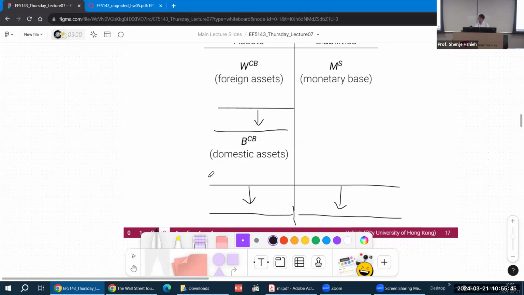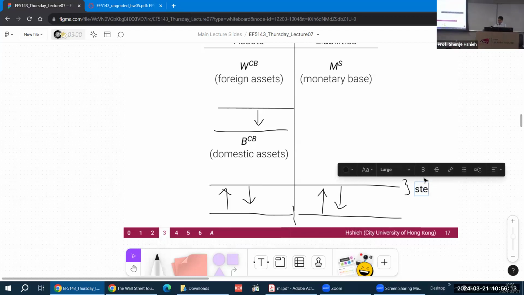Because we bought something and expanded our balance sheet, we now need to sell something to contract it. And that can be achieved by selling domestic assets, so that would shift this bottom curve upward. When we sell something, we're withdrawing cash from the system. And at this point, we will have sterilized our initial foreign asset purchase.